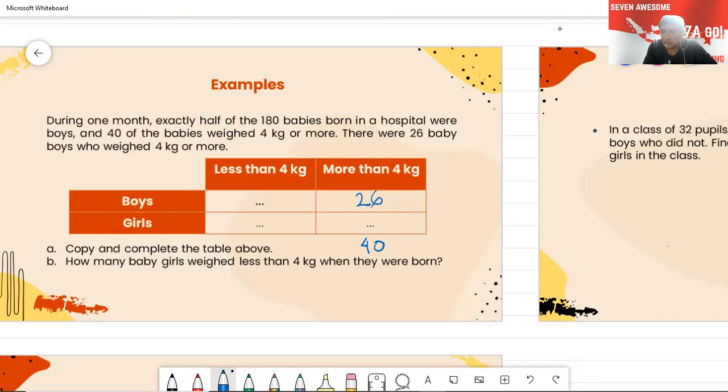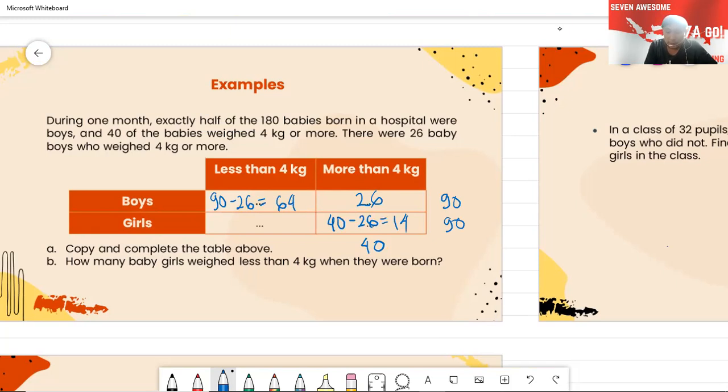Half of the 180 equal, it means this is equal to 90. This is also equal to 90. Now let's see. Boys, this one, 90 minus 26 equal to 64. Meanwhile, this, okay, 40 minus 26 equal to 14. Now, how can we find this? Easy. Okay.